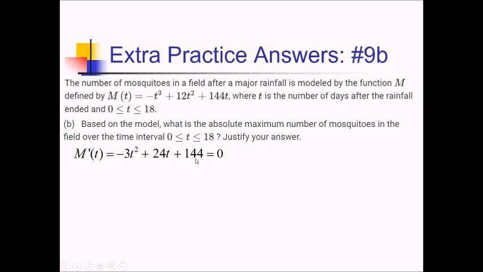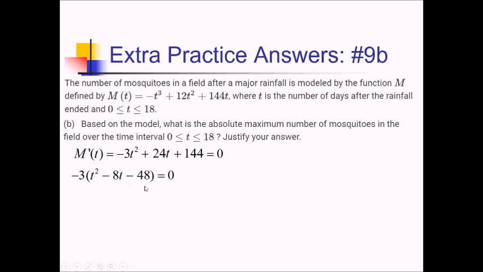So I can start this process by factoring out a negative 3, leaving me with t squared minus 8t, and then 144 divided by 3, that's going to be 48. Yep, minus 48. Okay, so now factoring this, things that multiply to negative 48 and add up to negative 8, well, this is a little bit more arithmetic.